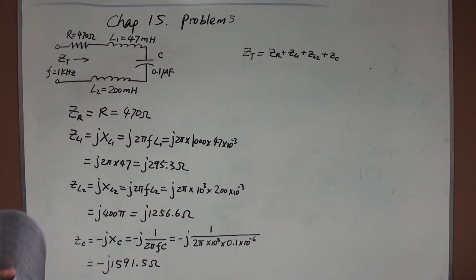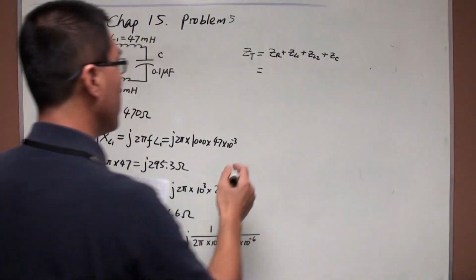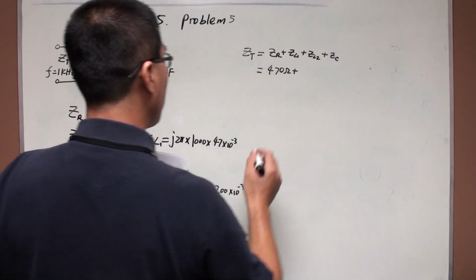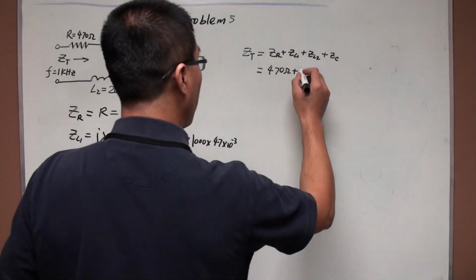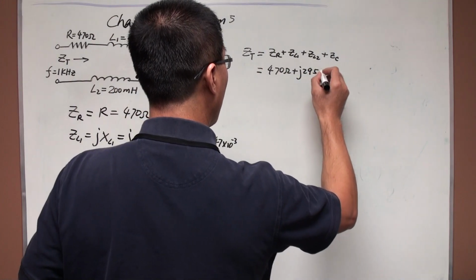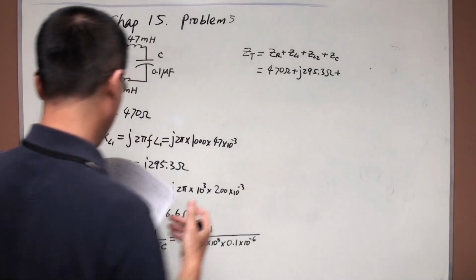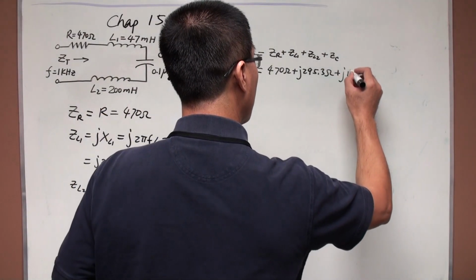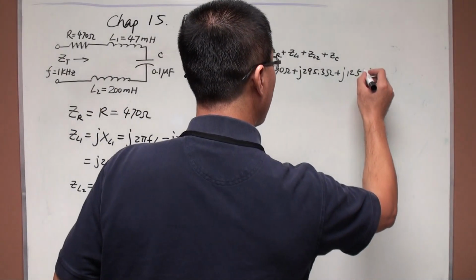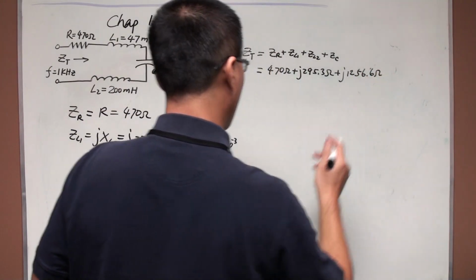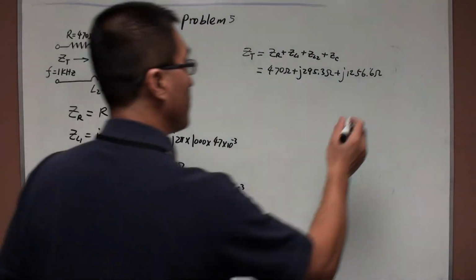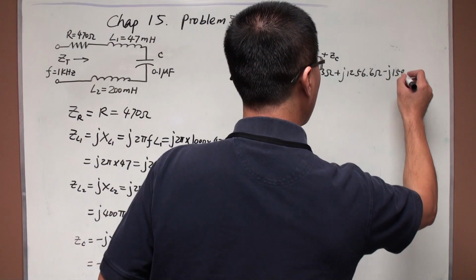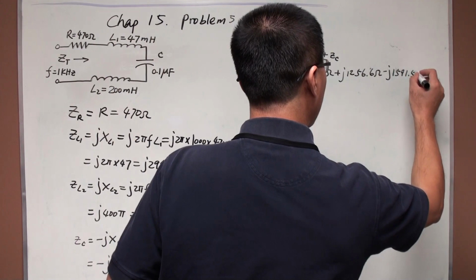Okay, so we just add all these values together, and ZR is 470 ohms plus ZL1 is j295.3 ohms plus ZL2 is j1256.6 ohms, and ZC is negative, so it's minus j1591.5 ohms.